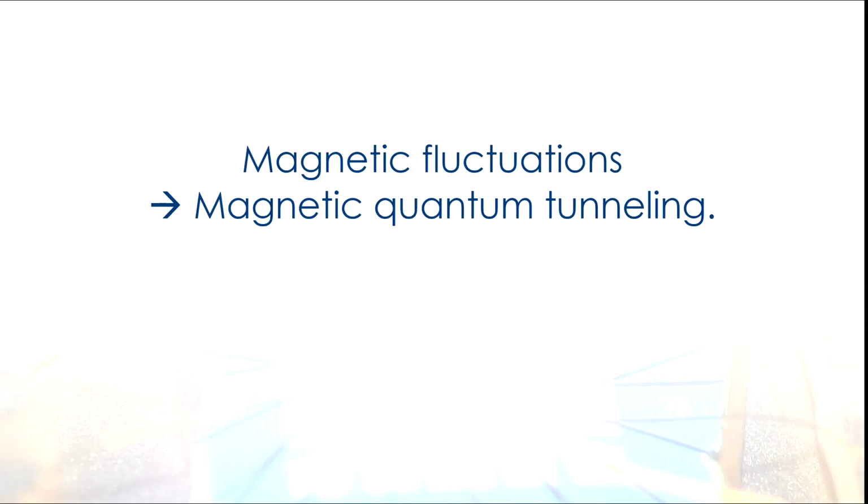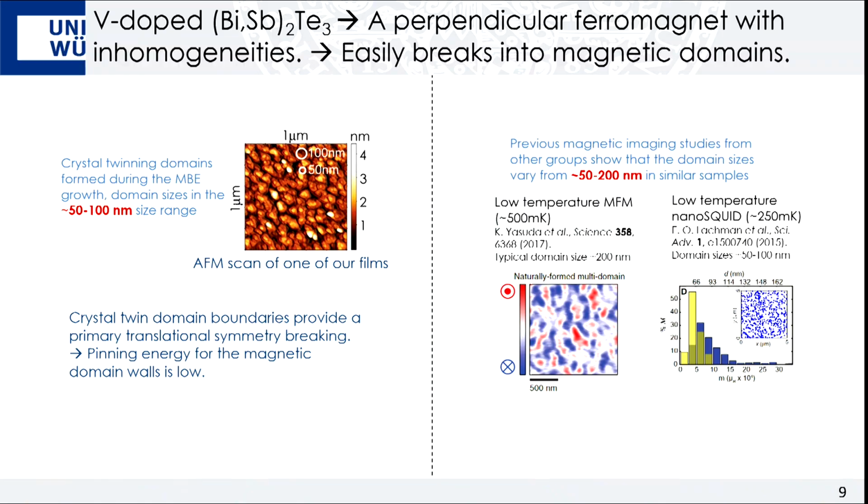Okay, so let's get to something on a smaller size scale, because it turns out this material also shows quite a bit of interesting magnetic dynamics. So this material system is a perpendicular ferromagnet with very clear inhomogeneities.